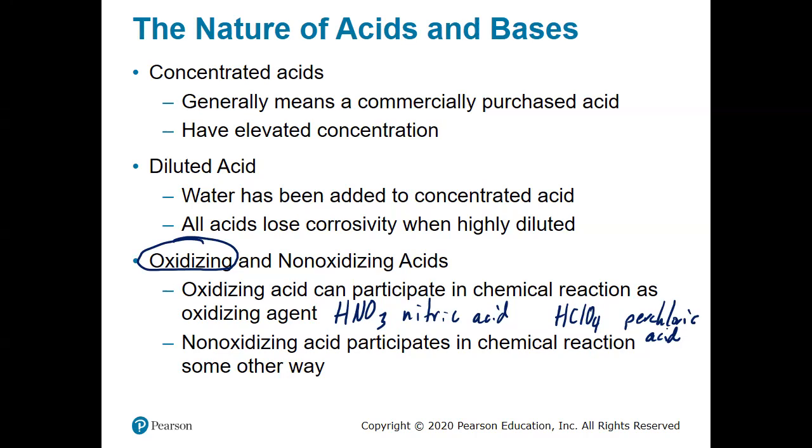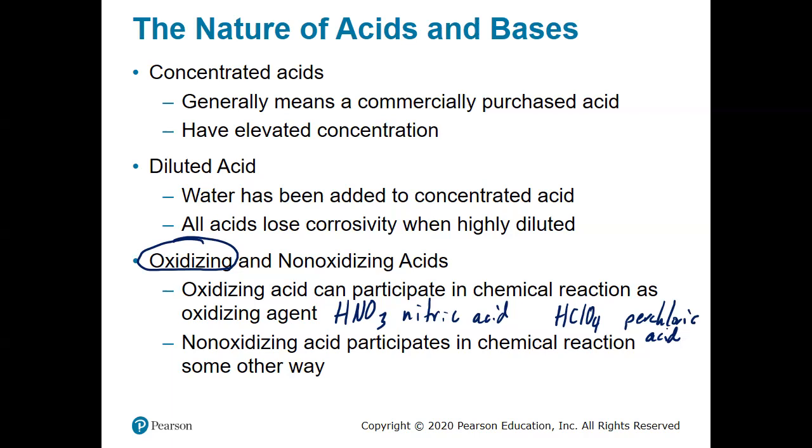So from that perspective, with these two acids in particular, you kind of have a confluence of a couple of nasty things going on. You've got strong acids that are highly corrosive, coupled with the fact that they are oxidizers as well, which means that they are especially reactive.